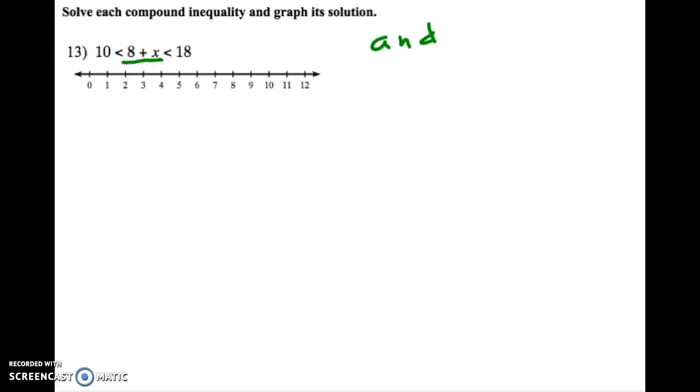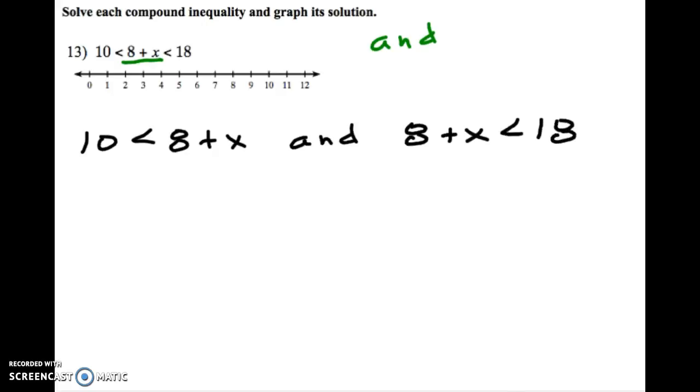So what we can do is we can rewrite this out. So we say 10 is less than 8 plus x, and that same middle, 8 plus x, has to be less than 18. Now, as far as solving goes, it's nice, the steps should be similar on both cases, so we're going to subtract the 8.